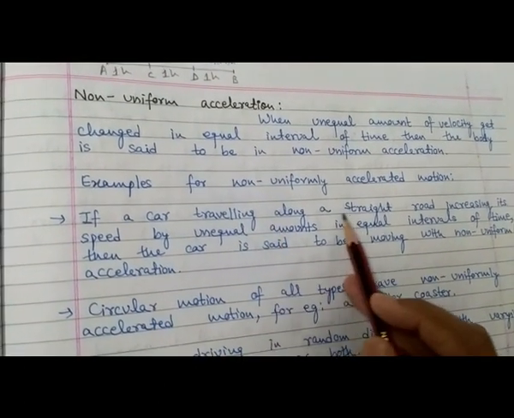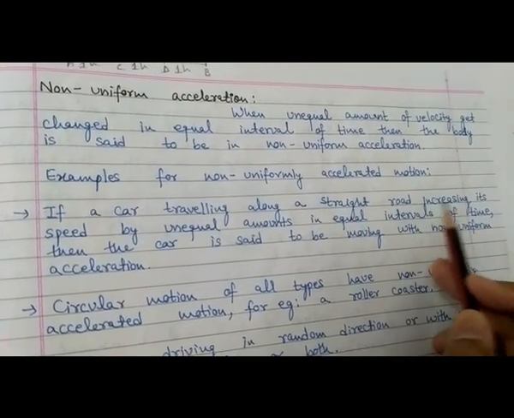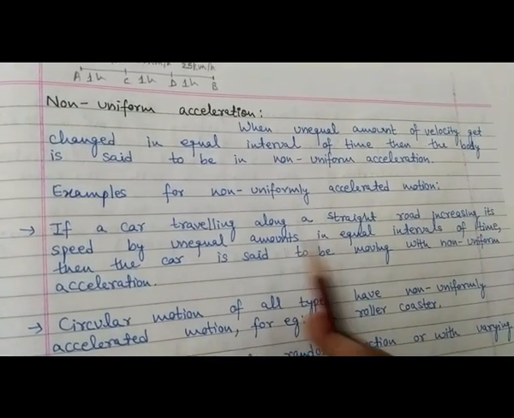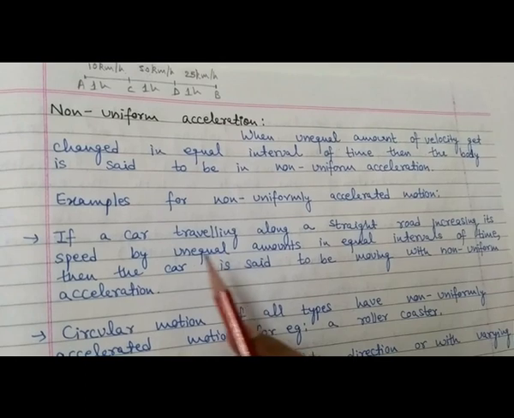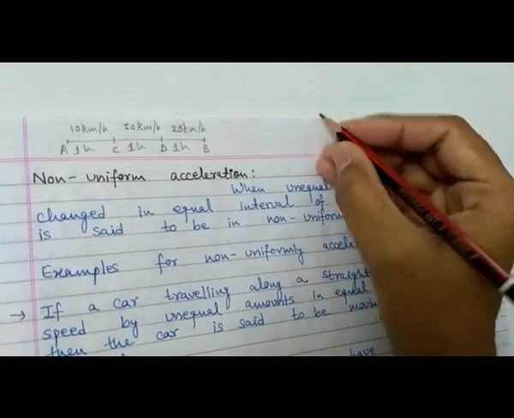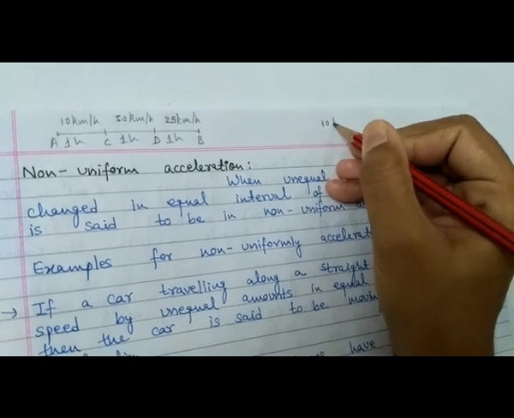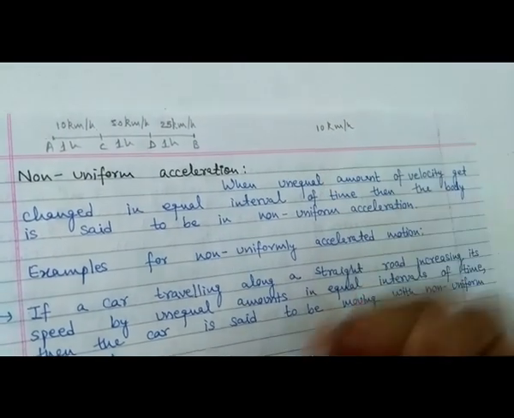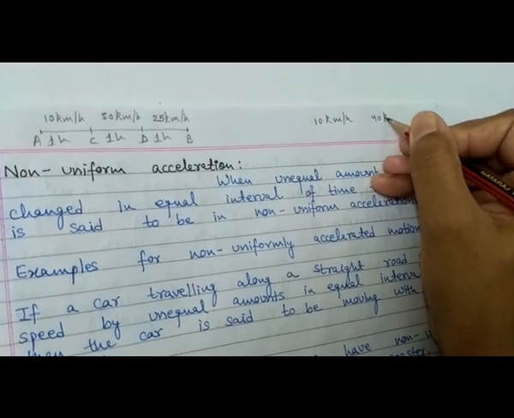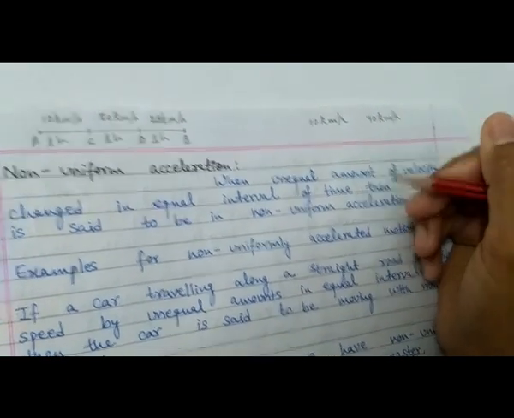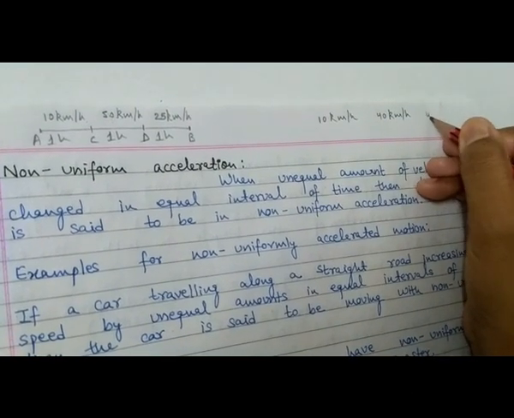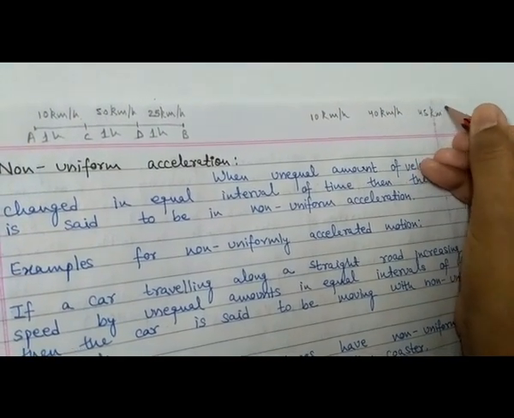Now, the examples of non-uniformly accelerated motion. If a car is traveling along a straight road increasing its speed by unequal amounts. For example, first the car is having 10 km per hour speed, then it increases its speed to 40 km per hour, then it increases to 45 km per hour.